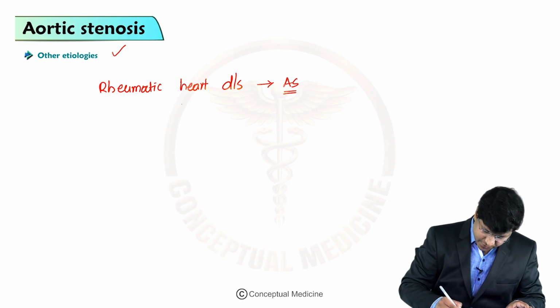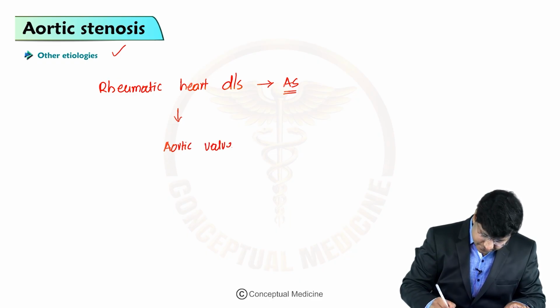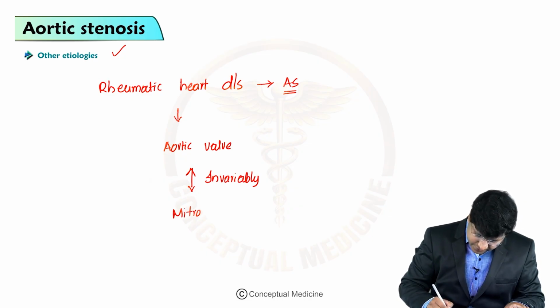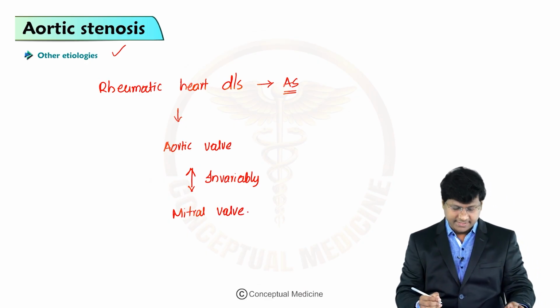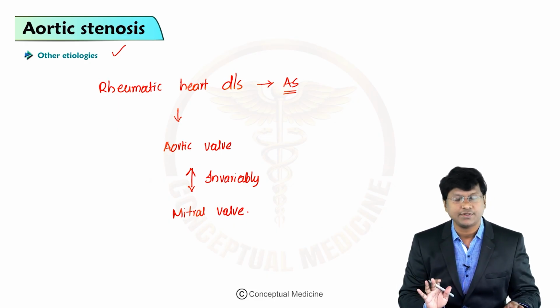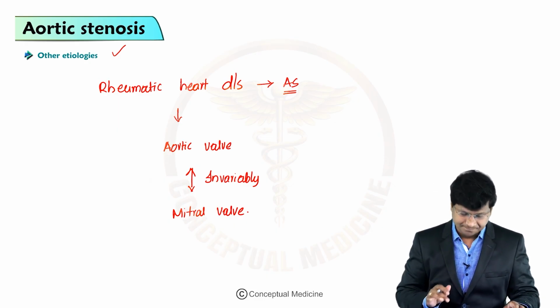So in these individuals where there is involvement of the aortic valve, invariably there is involvement of the mitral valve as well. So that is about the etiologies of aortic stenosis.